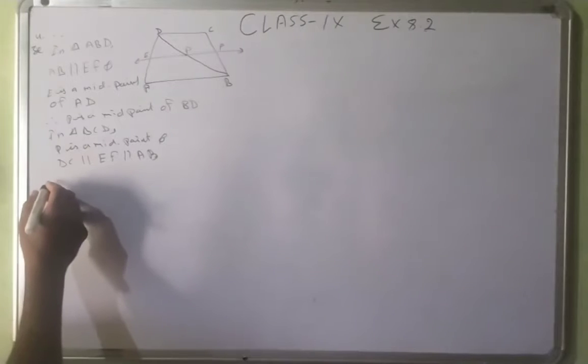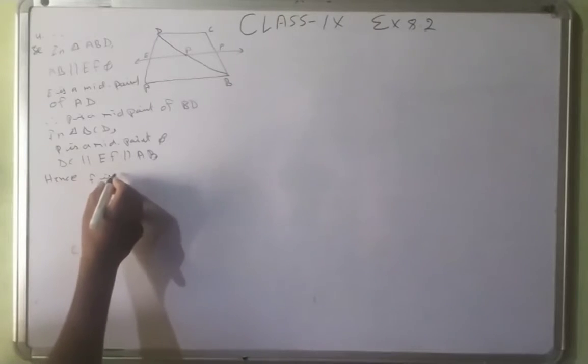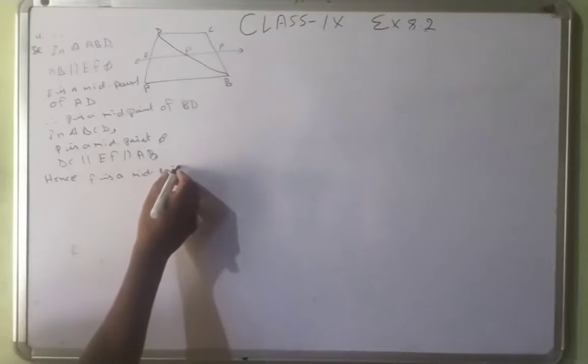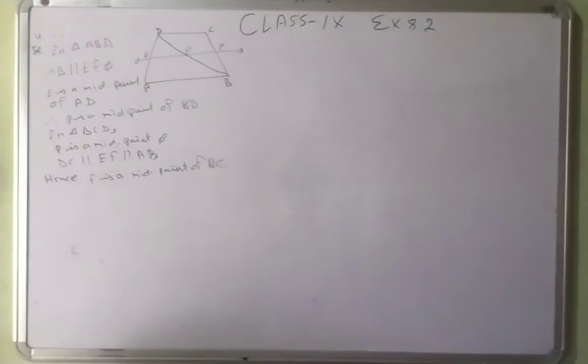Then hence F is the midpoint of BC, right?